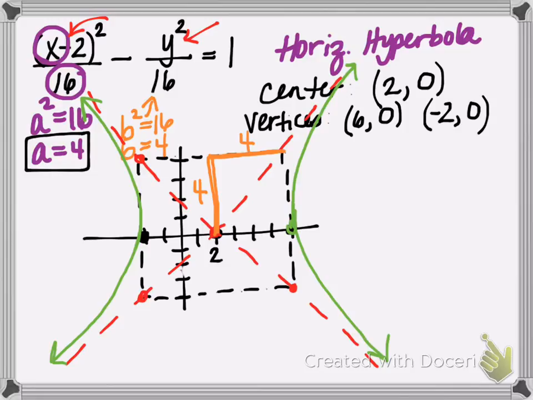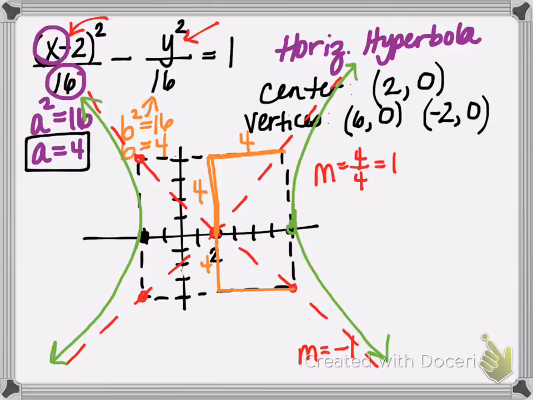So the slope of my first branch is going to be 4 divided by 4, rise and run, which is really a slope of 1. And then likewise, if we look at the other asymptote, we went down a distance of 4 units and right, but because we went down, that'd be in the negative direction. So the slope of my other asymptote would be negative 4 over 4, which is negative 1.